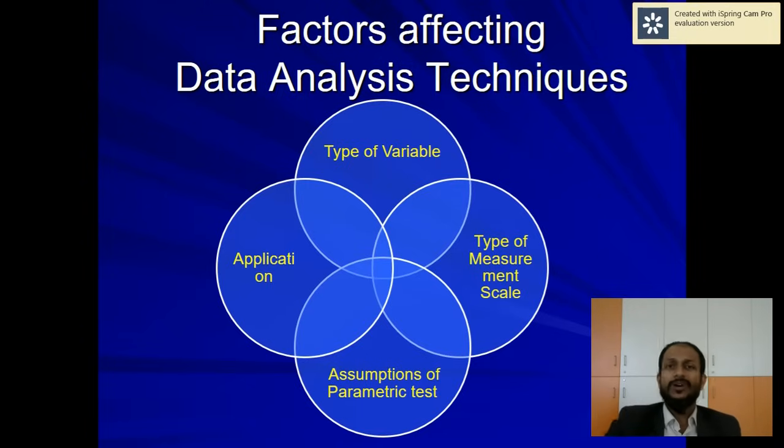Third is whether my data fulfills the assumptions of a parametric test, those 6 or 7 assumptions that I have already mentioned, which you can refer to. And fourth is what the application or situation is. Based on these four things, I can come to a conclusion about what type of test I can use for which application.